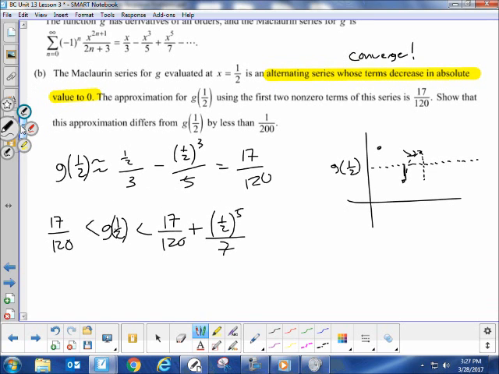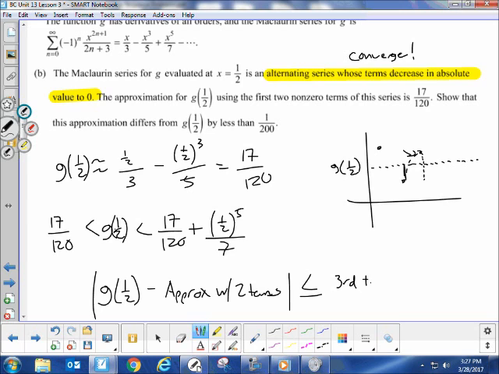And I know that the remainder, G of 1/2 minus my Maclaurin approximation using two terms, will be less than or equal to the third term that I add. Third term, (1/2)^5 times 1/7.